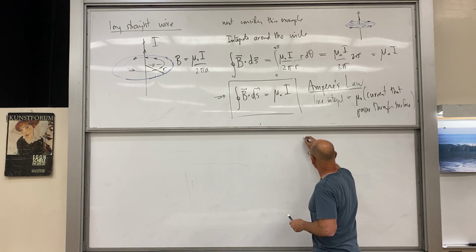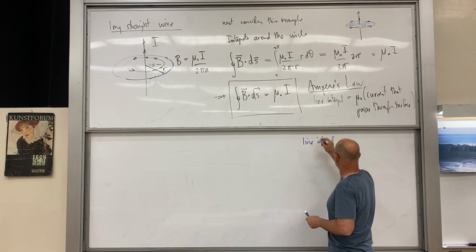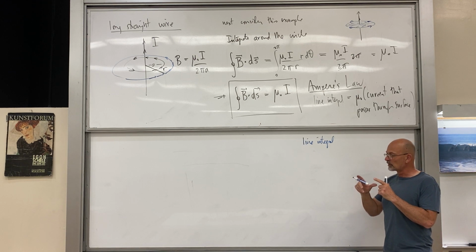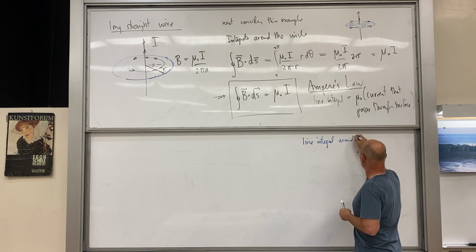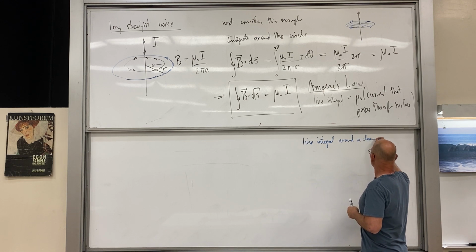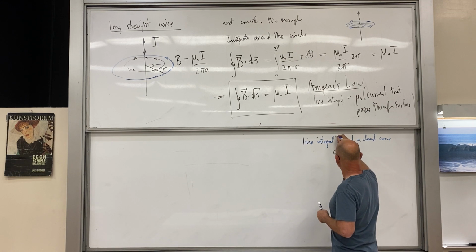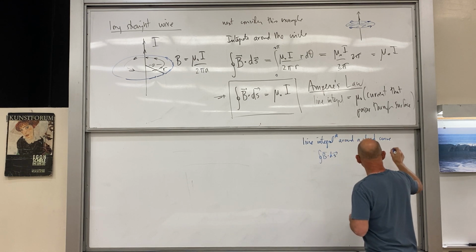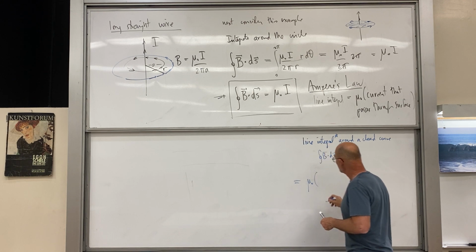So Ampere's law, once again, the line integral around a closed curve, and this line integral, we'll call it star, this thing here, B dot ds. This is equal to mu naught times what?